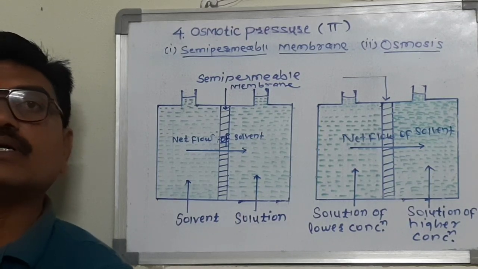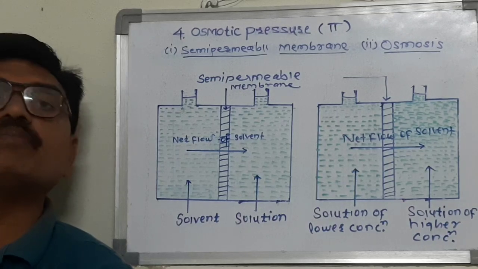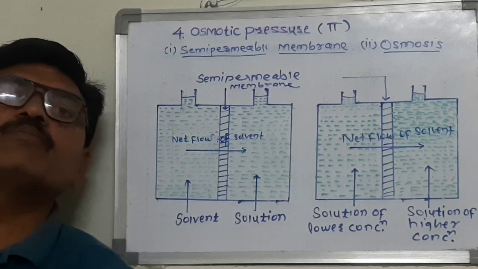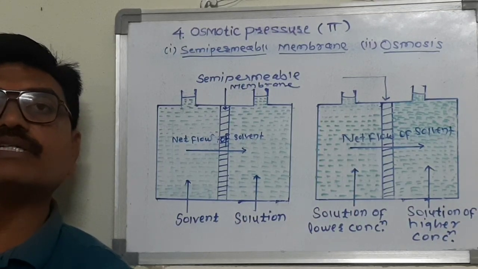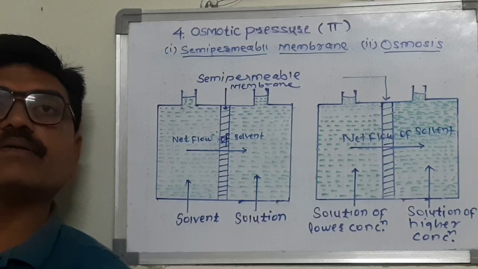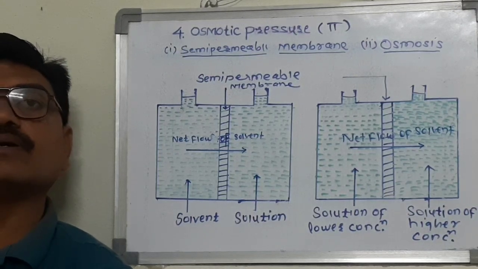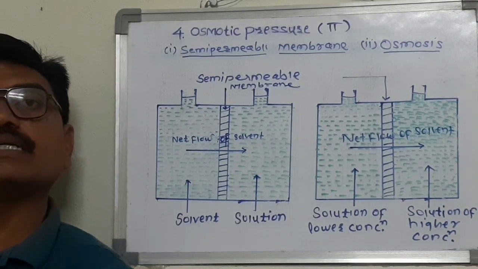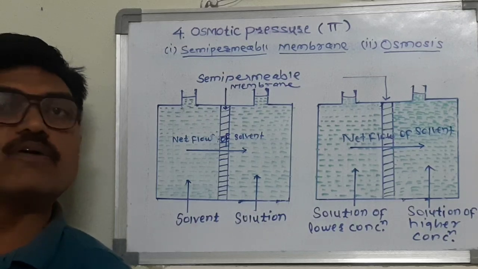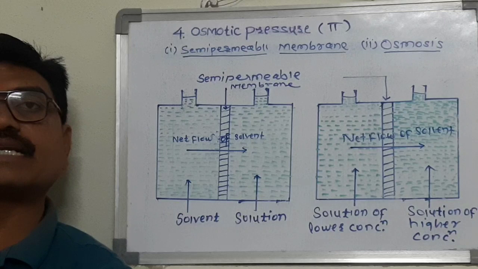The well-known examples of a semi-permeable membrane are parchment paper, also called vegetable membrane or bakery membrane, which is used in bakeries to cover breads or cakes.